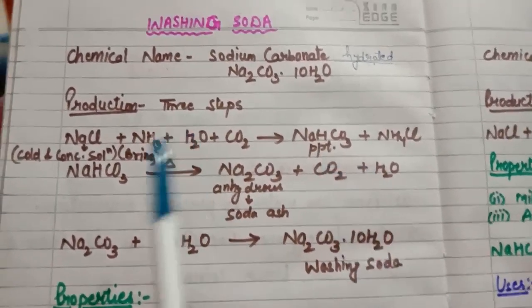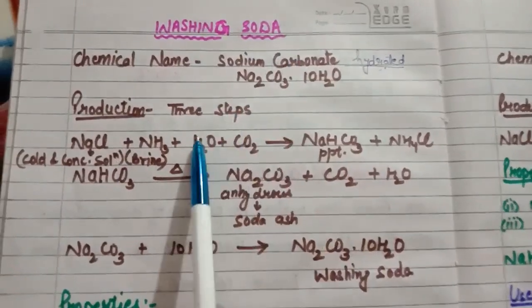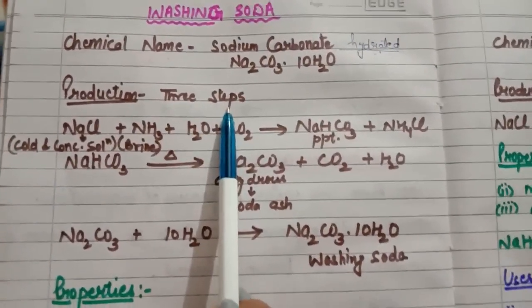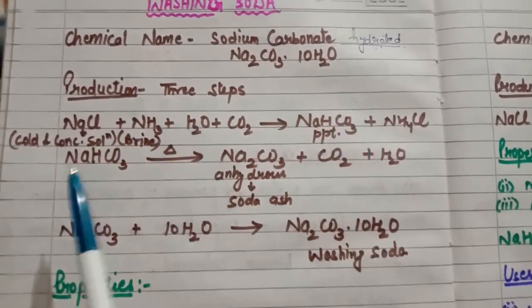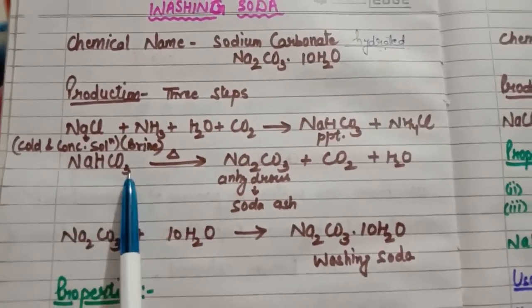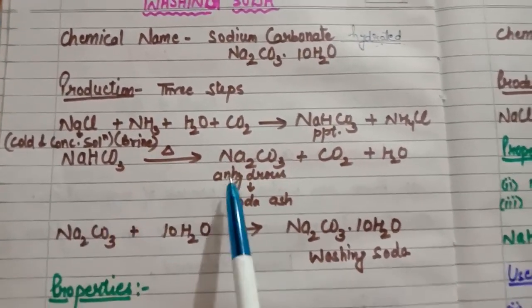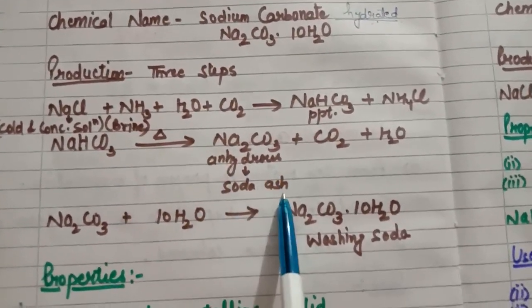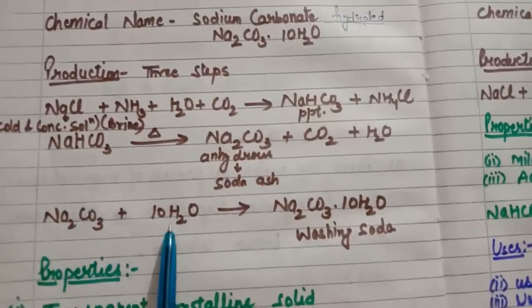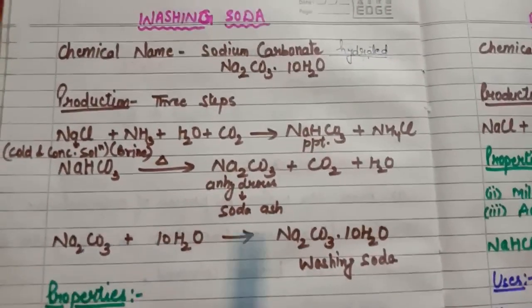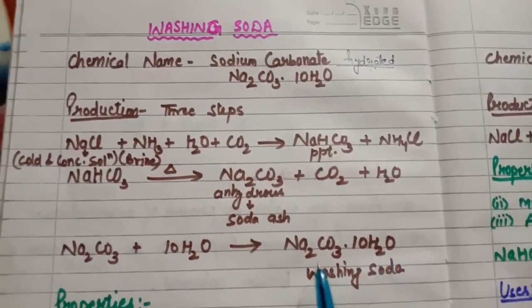So production of washing soda takes place in 3 steps: first is the preparation of baking soda, second is heating of the baking soda to produce anhydrous soda ash, and when we dissolve the soda ash in water, it absorbs 10 molecules of water to form the crystals of washing soda.